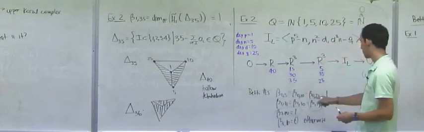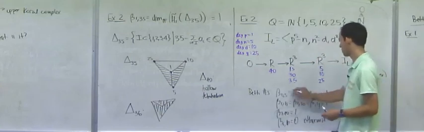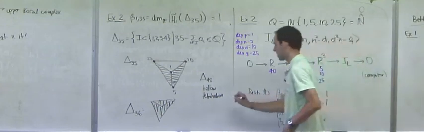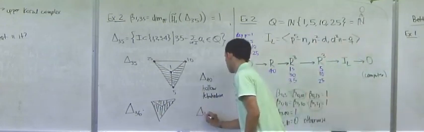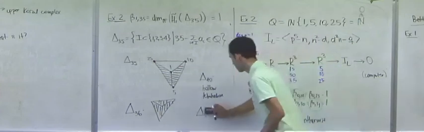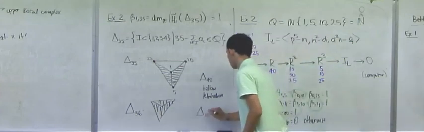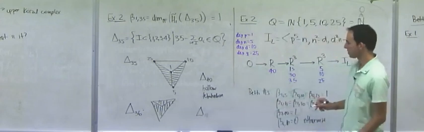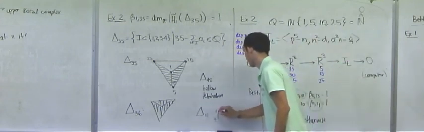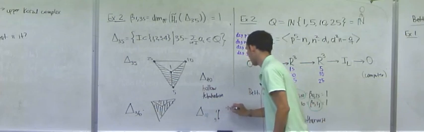Okay. Maybe we should explain one of the 0-dimensional guys. So what about delta sub 10? How does that look? Delta sub 10 looks like this. 1, 5, 10 and 25 doesn't appear.